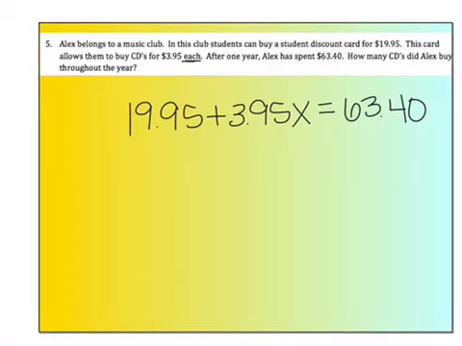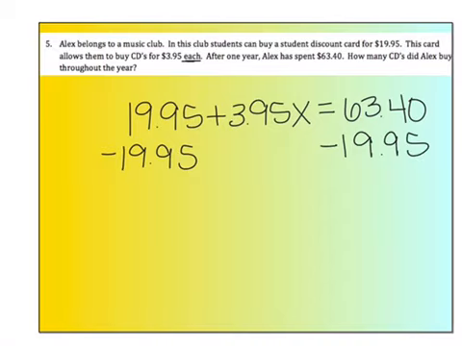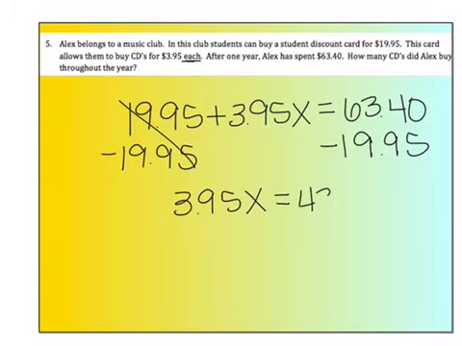So now we're going to go ahead and solve this just like we've been doing. We only have the one x, so we're good. I'm going to get rid of the constant. Remember, the constant is the thing without the variable, so that's the 19.95. So right now that's a positive 19.95, so I'm going to make it subtracting 19.95 or a negative 19.95. That's going to cancel and I'm left with 3.95 x is going to equal 43.45.